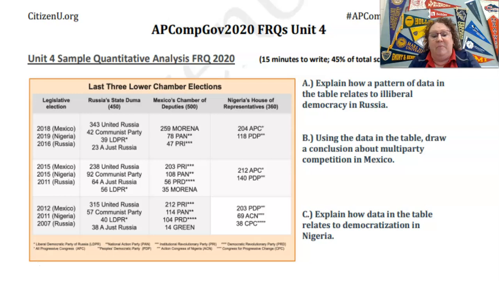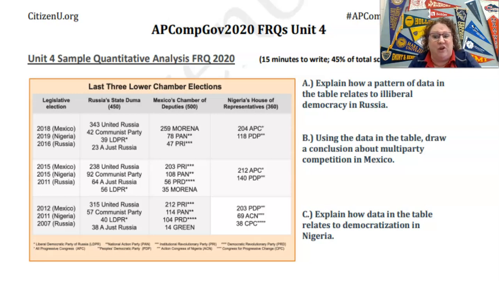Especially if you compare this to the others, with the exception of the most recent election in Mexico, you don't have any one-party dominating. In my answer, I would talk about how United Russia, the dominant political party, is the one-party system of Putin, and how he is dominating elections with election restrictions.